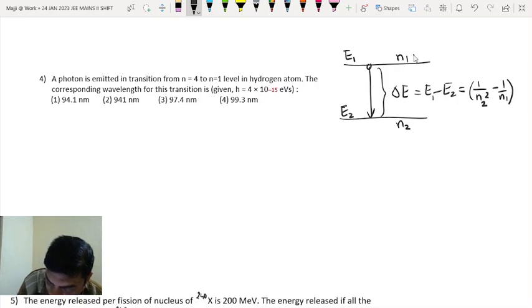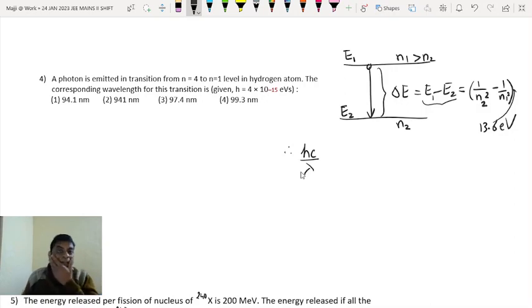Remember n1 is greater than n2. Into 13.6 electron volt. This formula you are aware of. And this energy we can write as hc by lambda. If lambda is the wavelength, then the corresponding energy is hc by lambda.